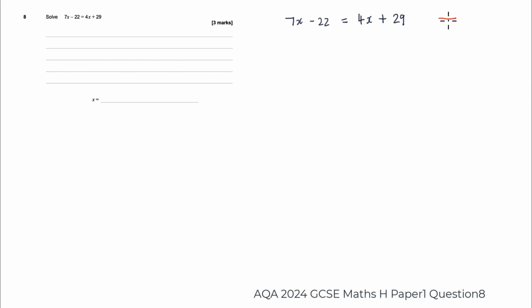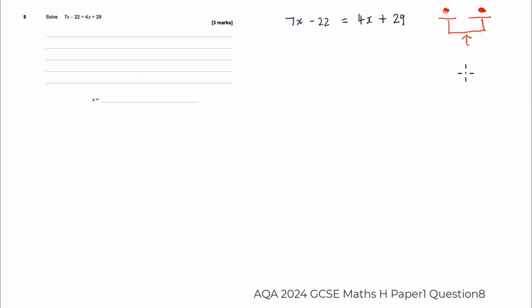You can think of a balance where whatever's there must be exactly the same as what's there. So if I do something or take away something or add something to the left-hand side, I must do exactly the same to the right-hand side, otherwise it will not be balanced.